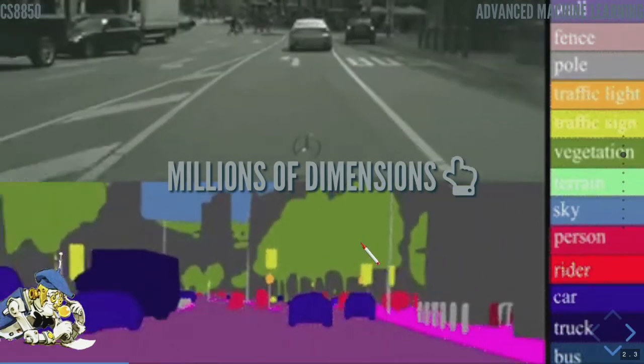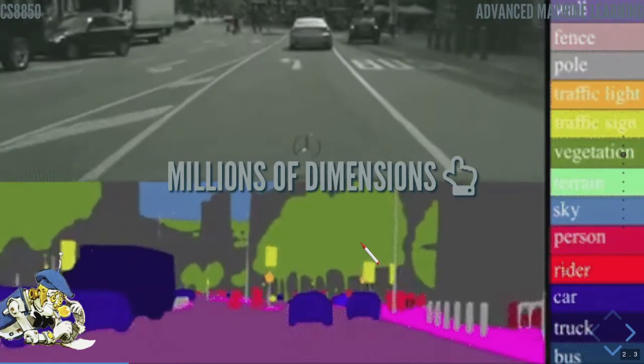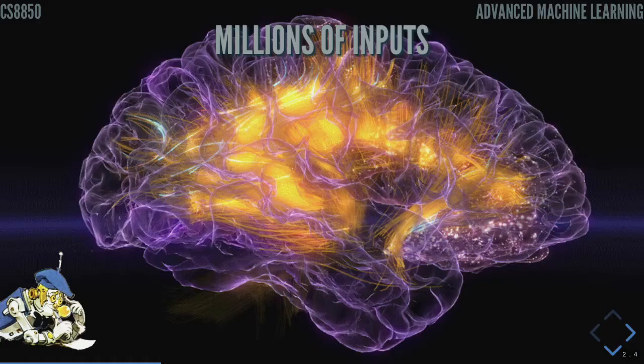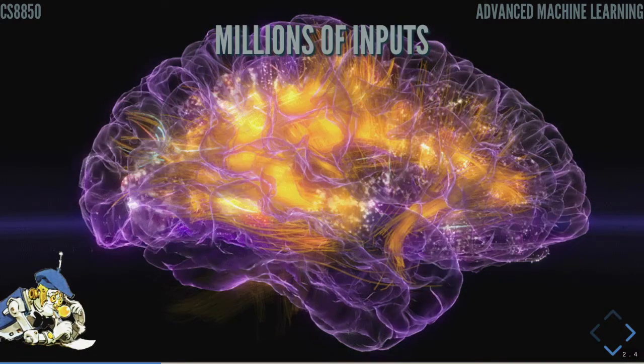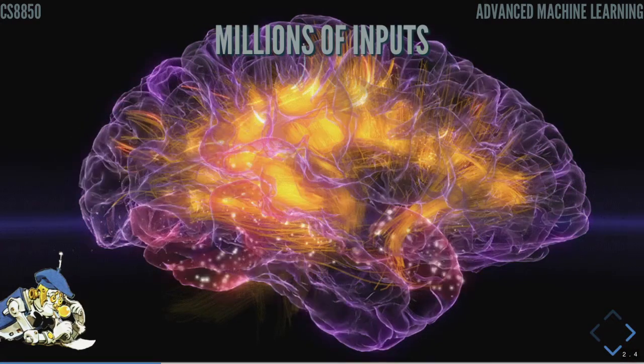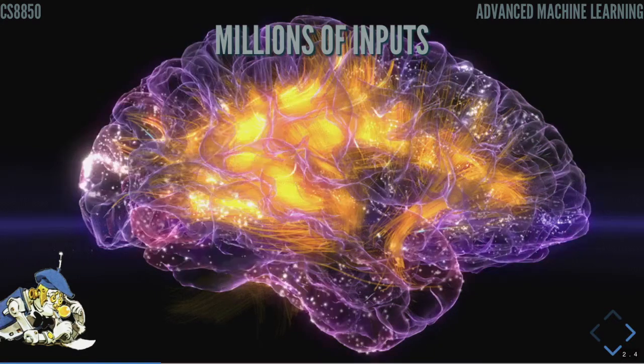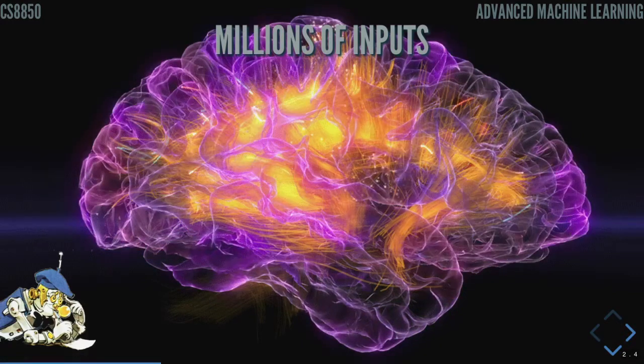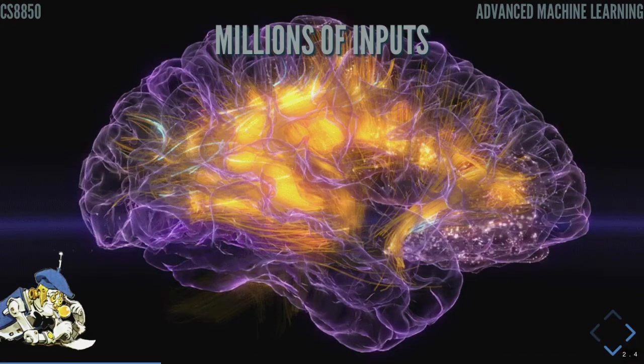Another situation as well is the way we operate our brains. Our brain gets millions of sensory inputs from the neural bundles that come to the brain, sensory areas, temporal for hearing, occipital for vision.